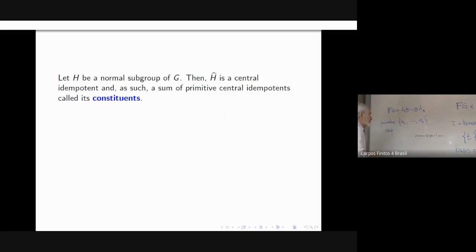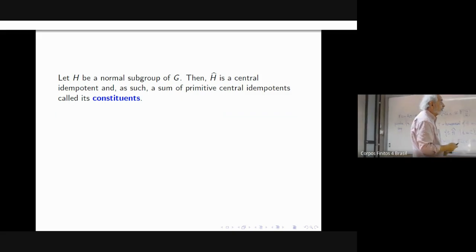And it's very easy to show that any two-sided ideal is a sum of these. It follows that every central idempotent is a sum of these. Those are called the constituents of that.